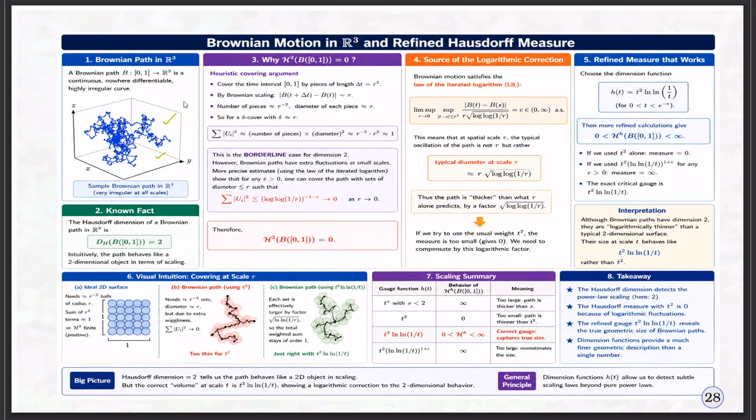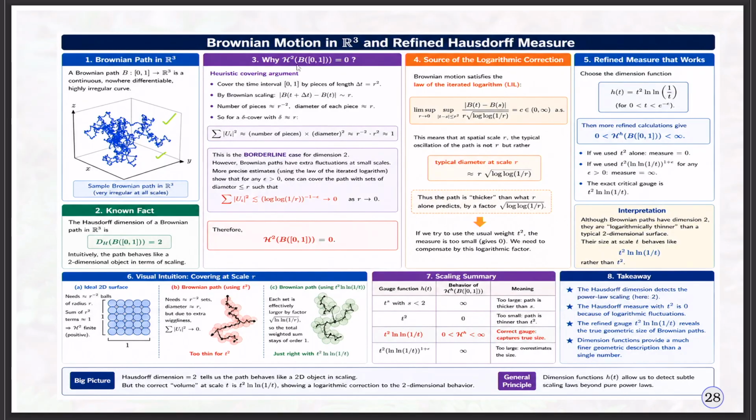The pictorial representation is given here. The Hausdorff dimension of the Brownian path in R power 3 is 2. Intuitively, the path behaves like a two-dimensional object in terms of scaling.